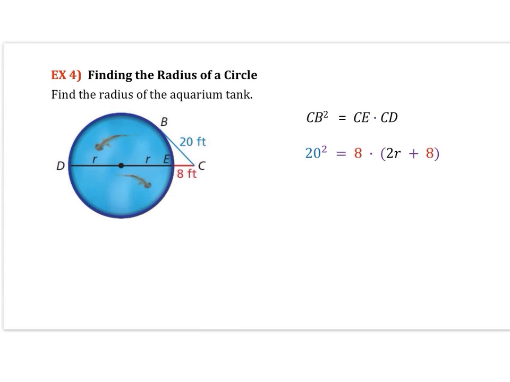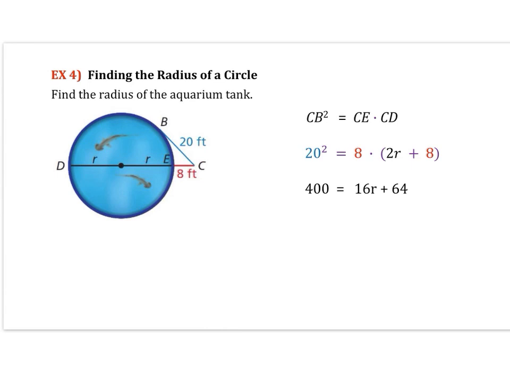Substitute, so we have 20 squared equals 8 times the 2r plus 8. And then 8 times the 2r, and then 8 times the 8 when we distribute. Continue to combine like terms.